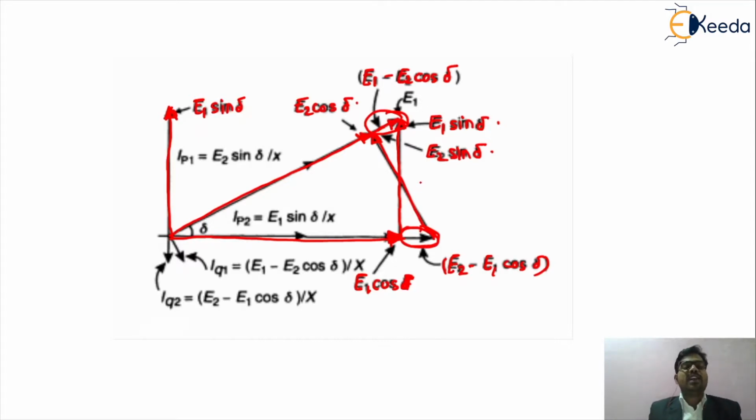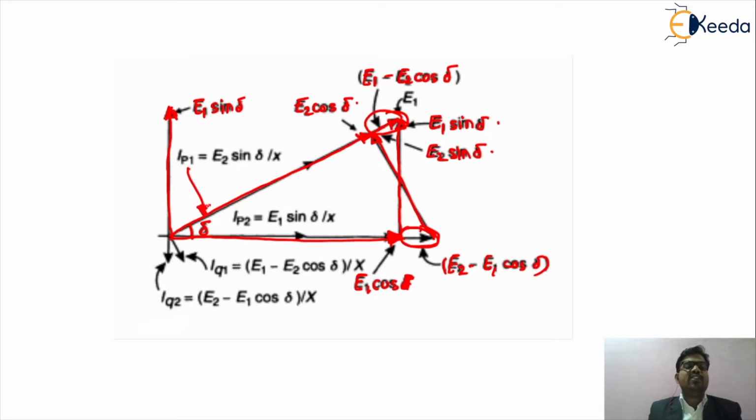As we know the fundamental concept of power flow in your transmission line, we get the value of the active power as well as reactive power. The angle between the sending end voltage and receiving end voltage is del. If you want the value of the active component of your current flow, as we saw, it is IP1, the value of your IP1.